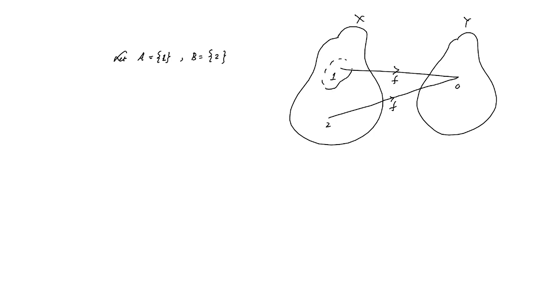So here this set is your A and this set is your B, and f(A) equals f(B), both being the singleton set {0}.